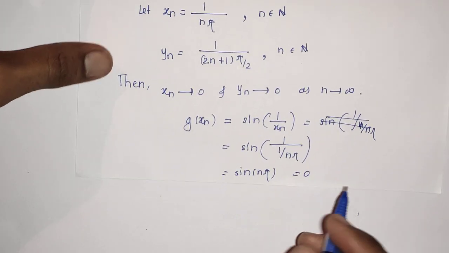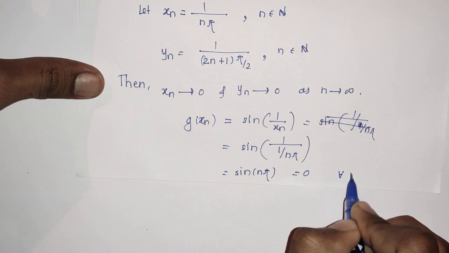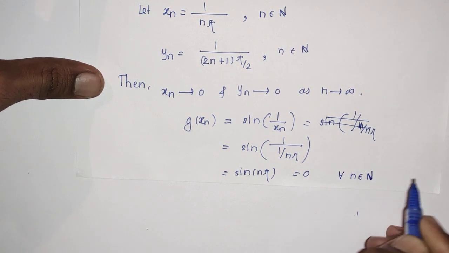So g of xn will be 0 for all n in the natural numbers.